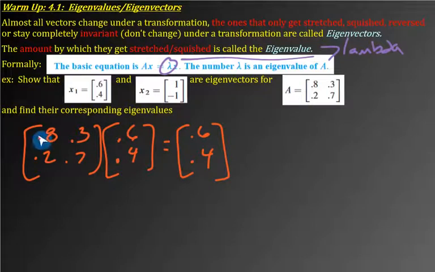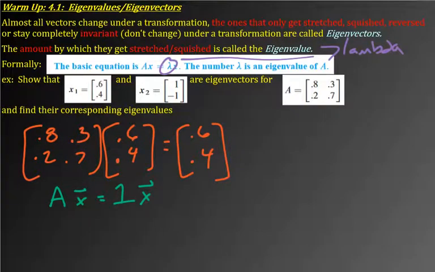You can literally just test it. Multiply this times this, you get 0.6, this times this, you get 0.4. And so it's saying A times my vector x equals 1 times my vector x. And so that has the structure here. This is a case where the vector 0.6, 0.4 is invariant. It doesn't change under the transformation given here in A.